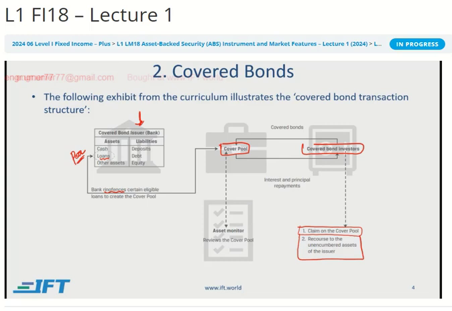So the bank doesn't get off the hook, right? There is a monitor that keeps reviewing the pool. If the pool is not good, then the bank is responsible, and the bank has to replace the bad loans with good loans in the pool. It has to make sure that the pool remains healthy.